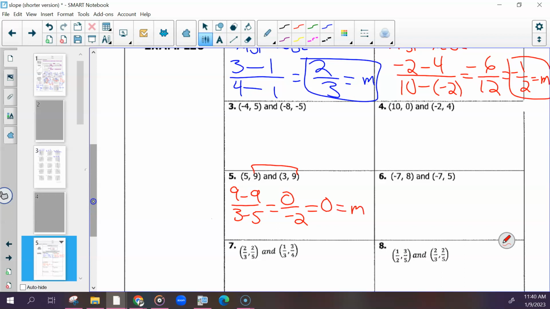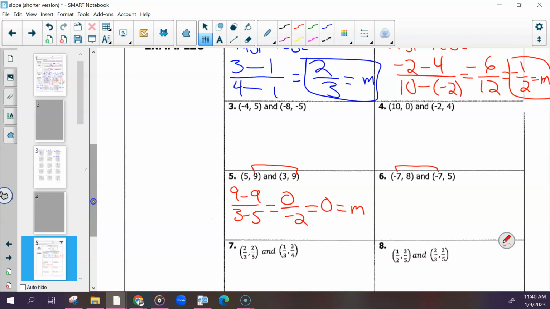So if you see that your y values are the same, your slope is going to be 0 no matter what. So if you see that, you don't have to show this work. You can just say y values are the same, m equals 0. Same for number 6. If you see your x values are the same, that means they would cancel out in your denominator.